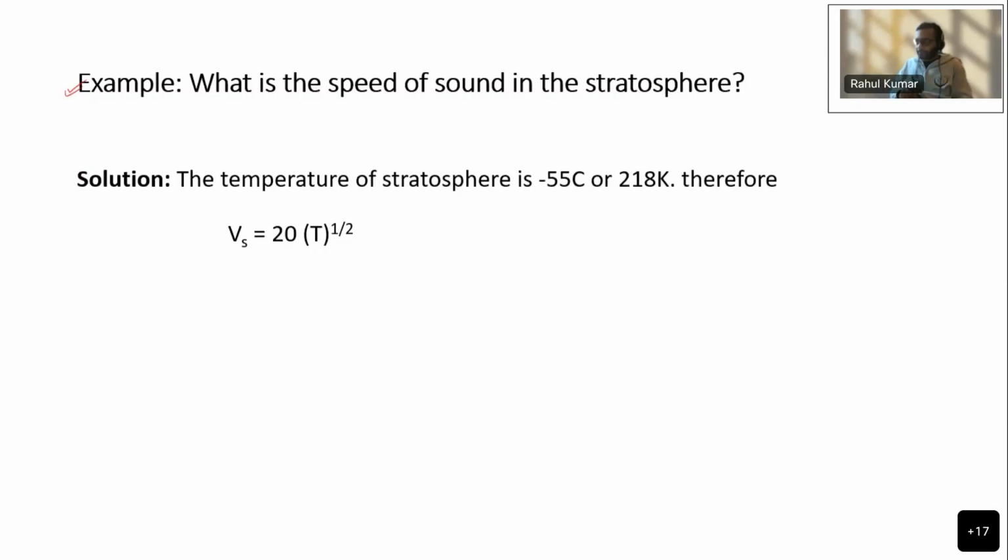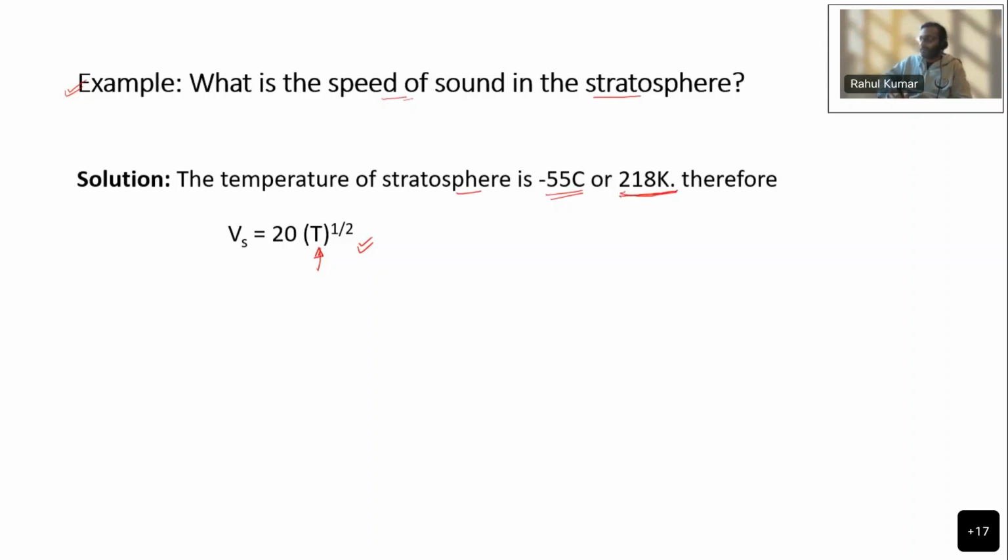To use this equation to find the speed of sound, we first need to know the temperature in the stratosphere. In the first slide which we discussed, in the stratosphere the temperature is constant. It is minus 55 degrees centigrade or 218 Kelvin.